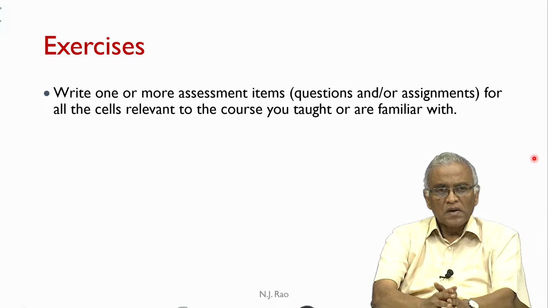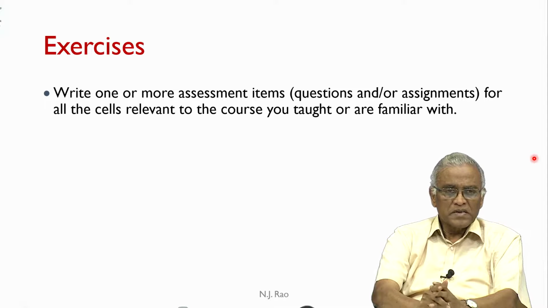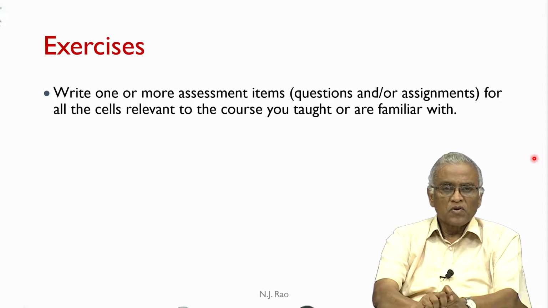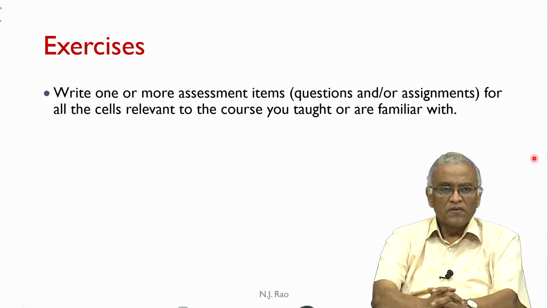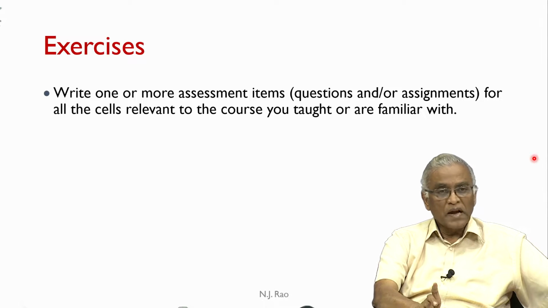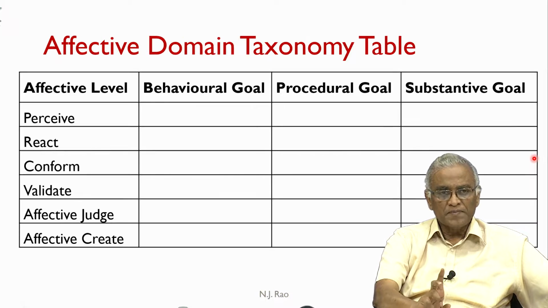And now as a practice, write one or more assessment items, questions and or assignments as you call them, for all the cells relevant to the course you taught or are familiar with. Let us go back and see what is meant by relevant.